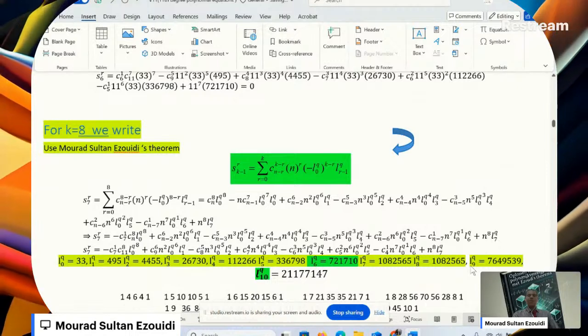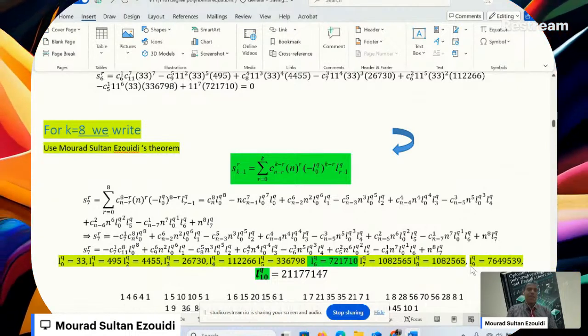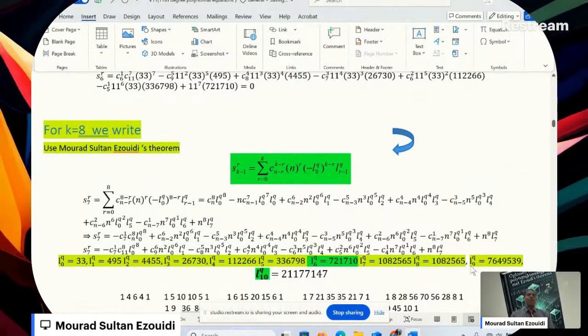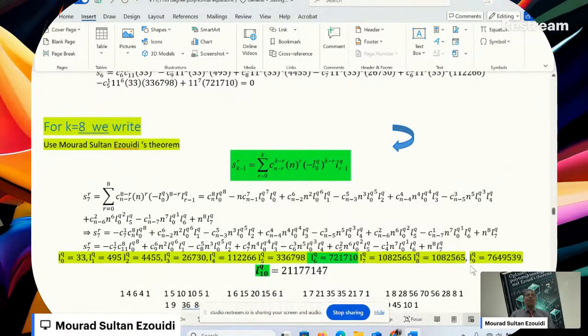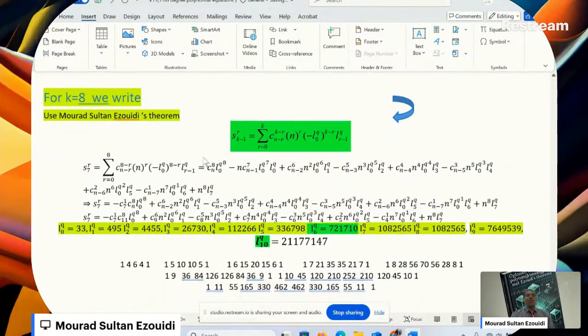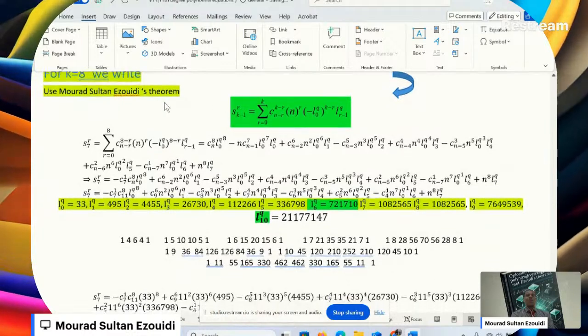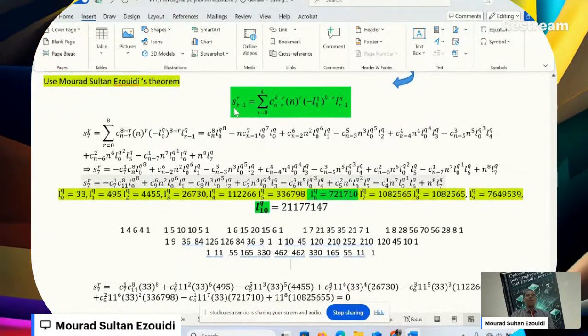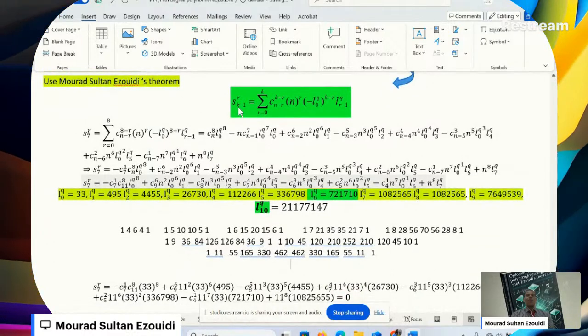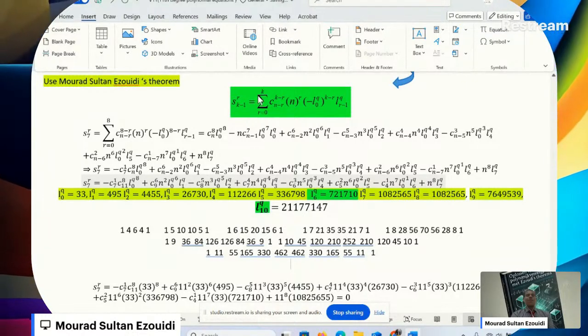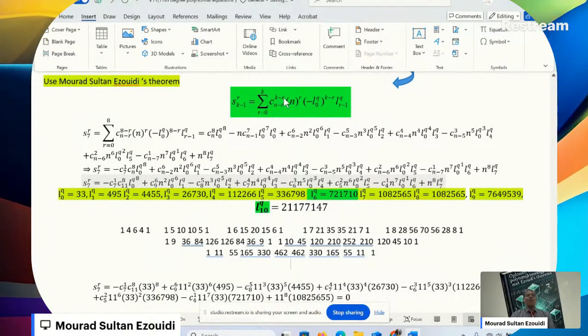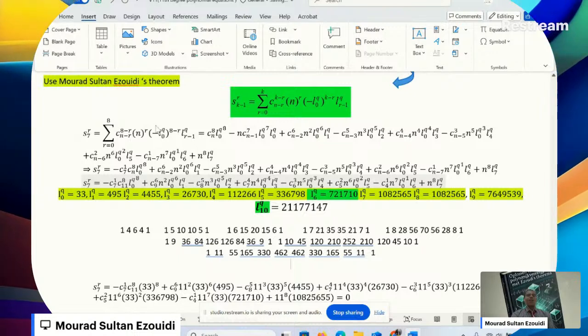In algebra, we continue. We need now to find S7, my kids. Just put k equal 8, or use Mourad Sultan Ezouidi's theorem by making k equal 8. We obtain 8 minus 1 as 7, and then k here is 8, 8 minus r, and so on.